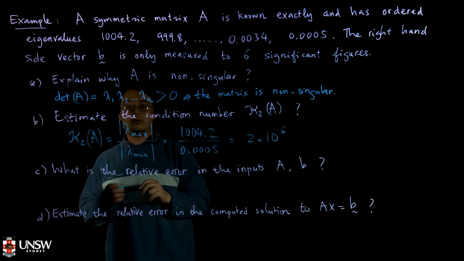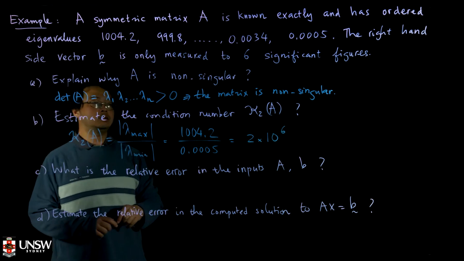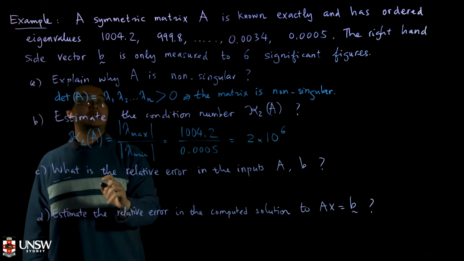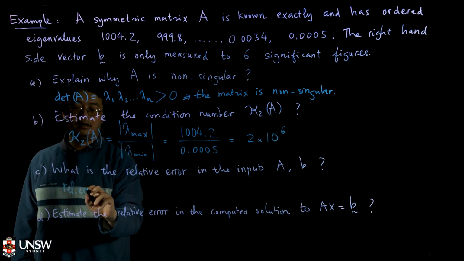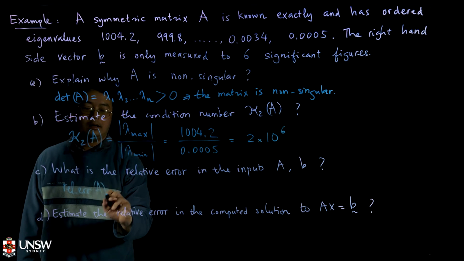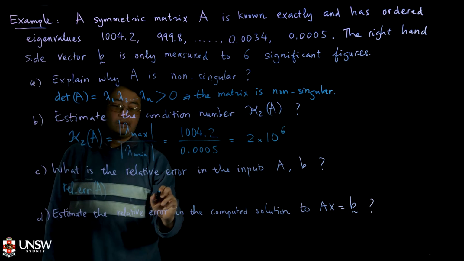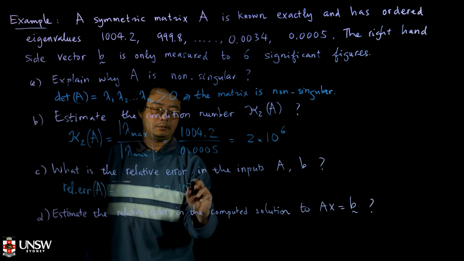So now the third question is, what are the relative errors in the inputs A and B? Well, because the matrix A is known exactly, the relative error in the matrix A is just machine epsilon, which is about 2.2 times 10 to the minus 16.